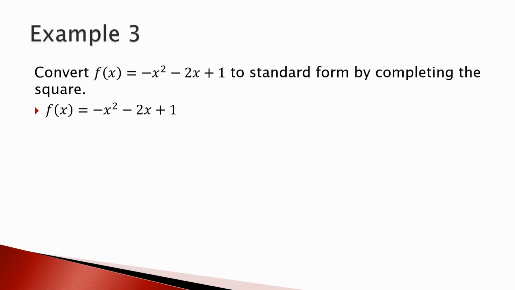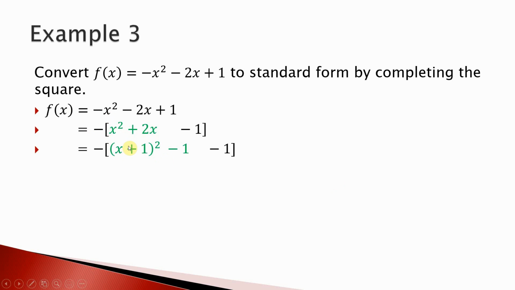So f of x is negative x squared negative 2x plus 1, and you take out negative 1 as a factor, then you get this. Now we are going to replace these two terms as we did in the general function.